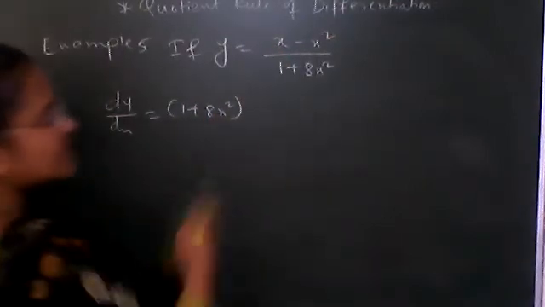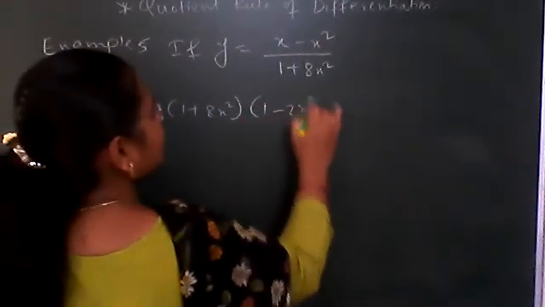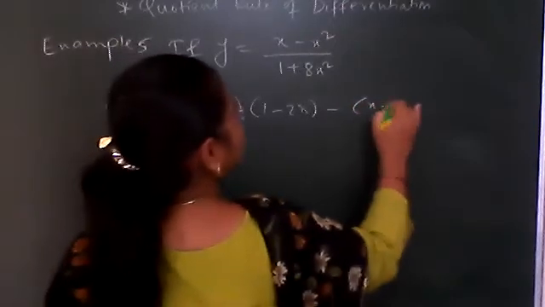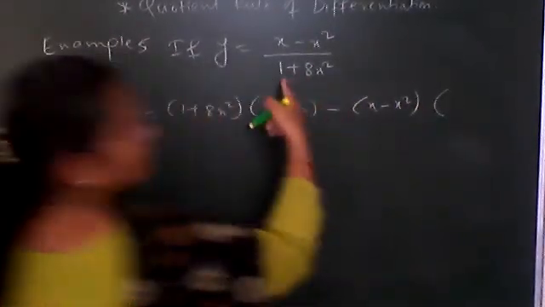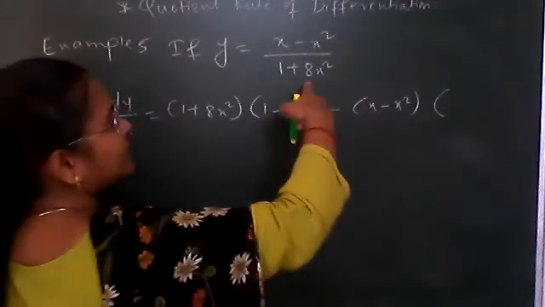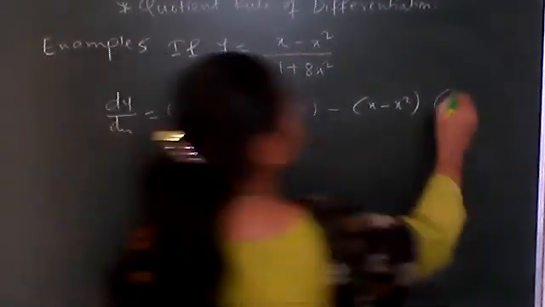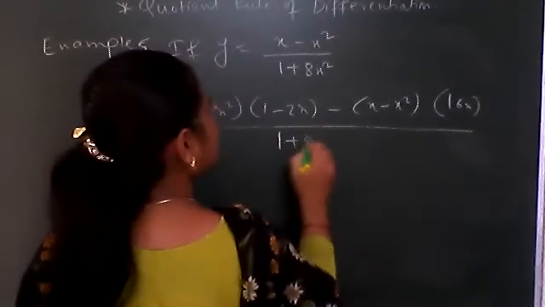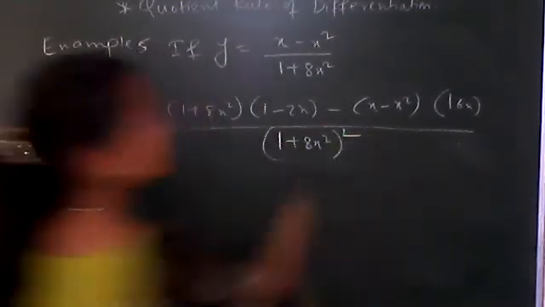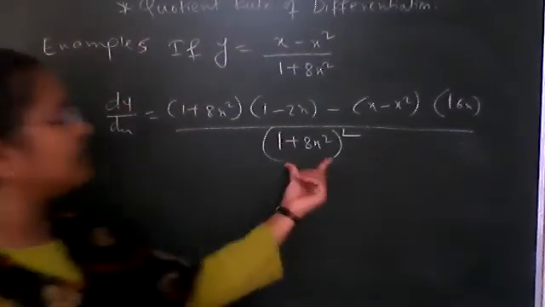1 plus 8x square times the derivative of x minus x square, which is 1 minus 2x, minus the first function constant, x minus x square, times the derivative of the second function. The derivative of 1 is 0 and the derivative of 8x square is 16x. Whole thing divided by 1 plus 8x square, whole square. Don't forget to write the bracket square.